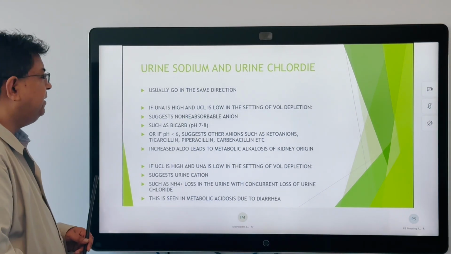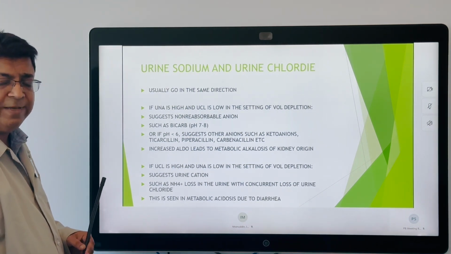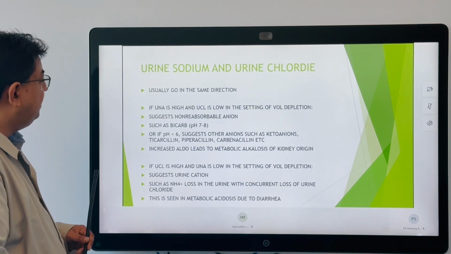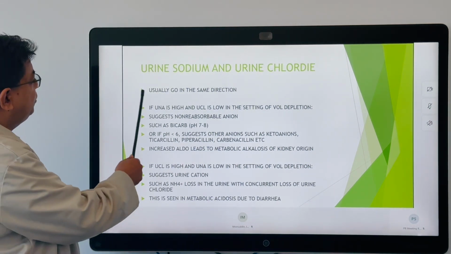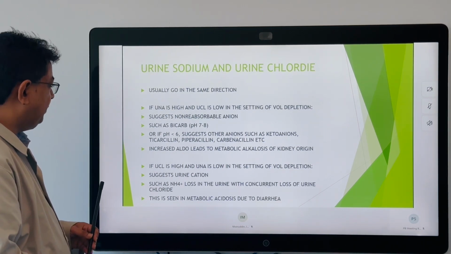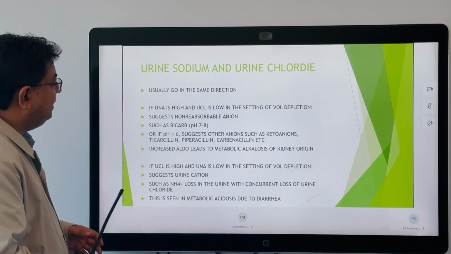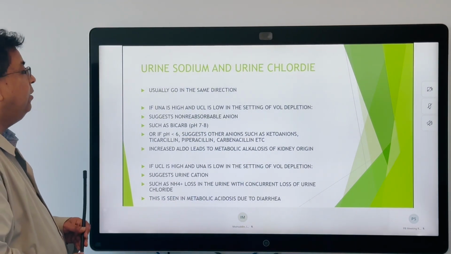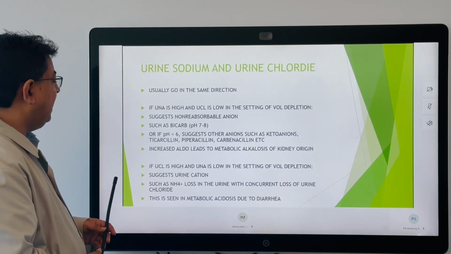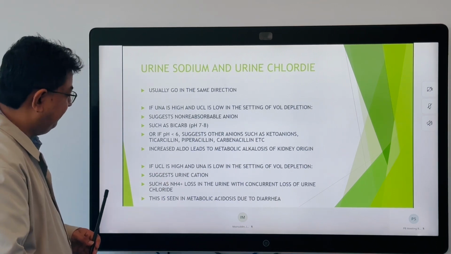Let's talk about urine sodium and urine chloride. This can provide lots of insight into the pathophysiology of what's going on in the patient. Usually urine sodium and urine chloride will go in the same direction. If the urine sodium is high and the urine chloride is low in the setting of volume depletion, this suggests a non-reabsorbable anion, typically bicarb, and the pH is generally 7 to 8.